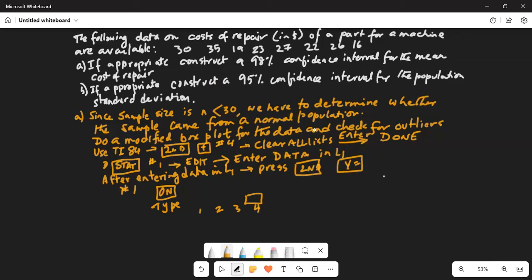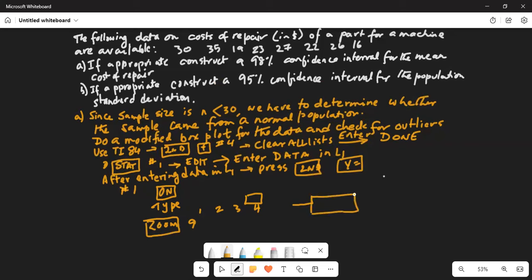Then we press the zoom button, which is the third key on the extreme top row. Zoom and then number 9. And we see a box plot like this on our calculator screen.